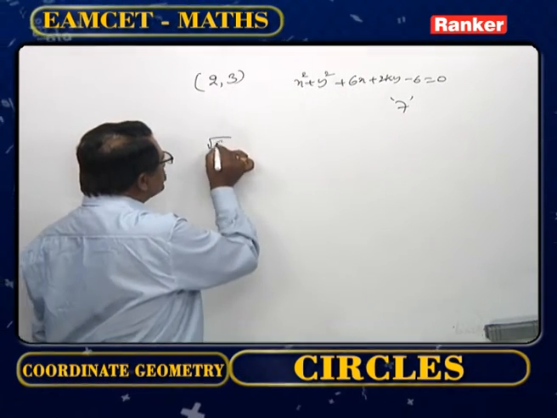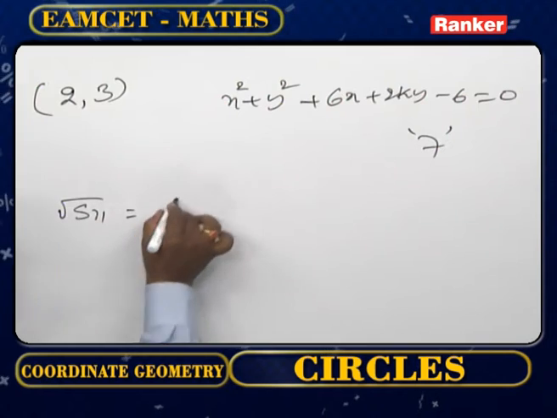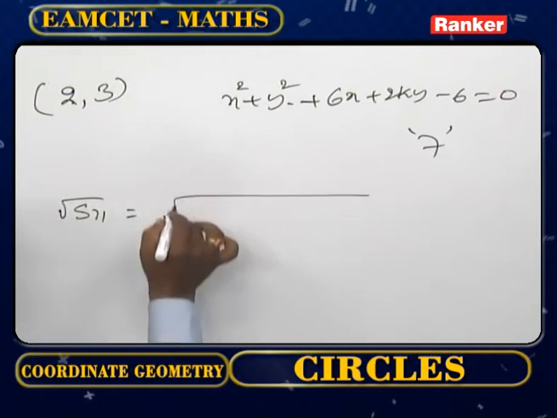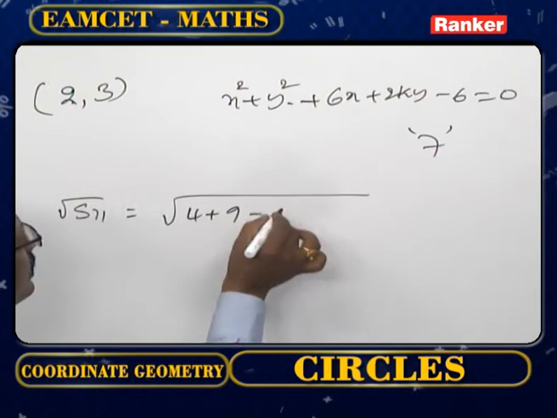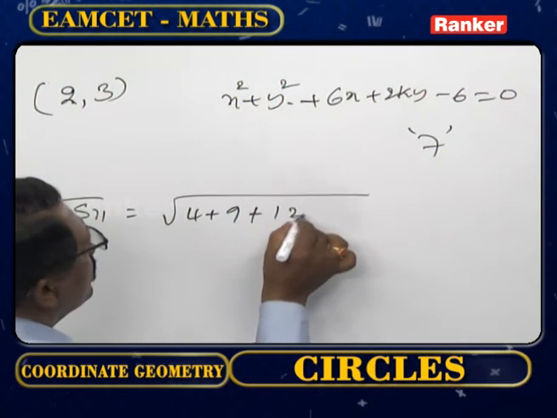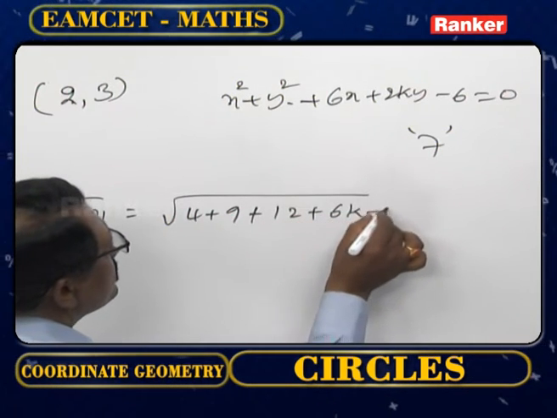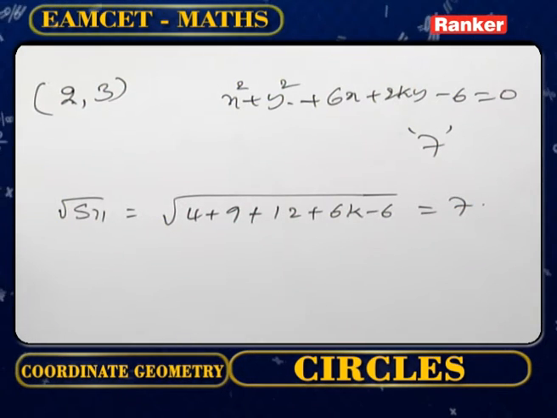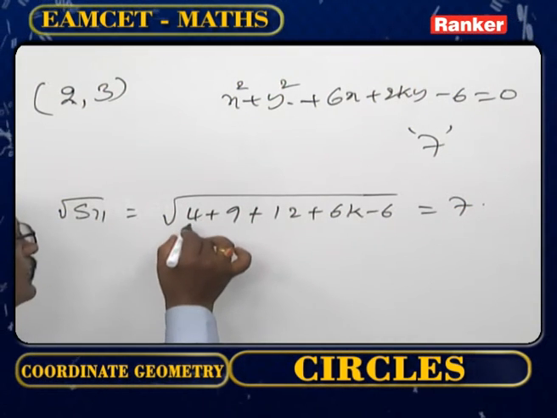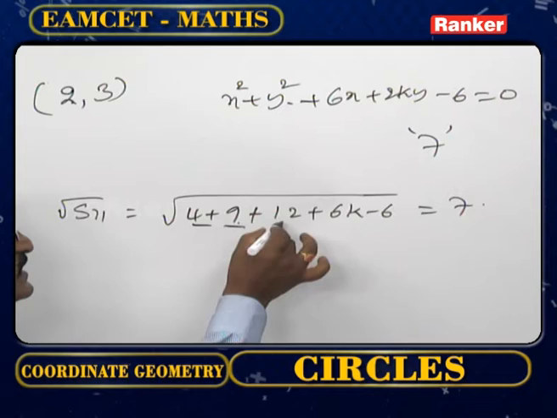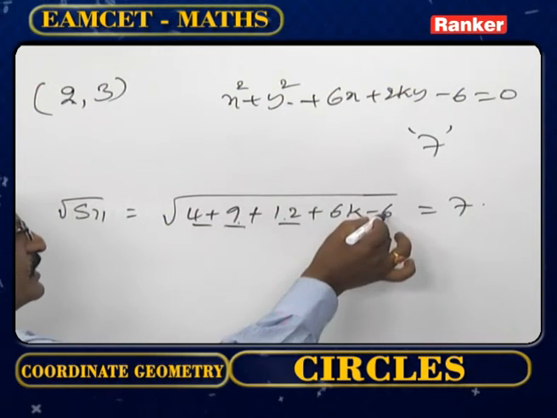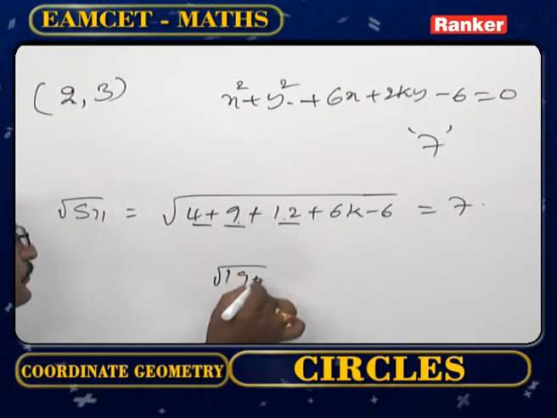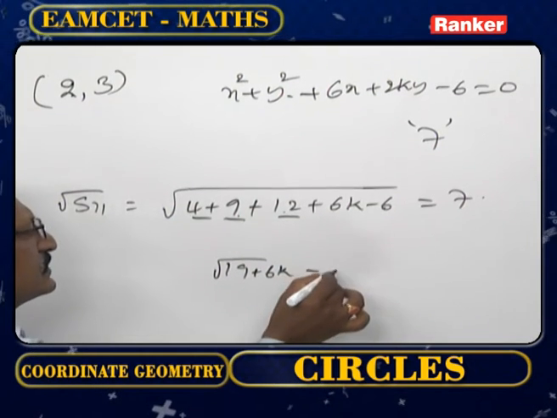The length of the tangent equals root of S11, that equals the square root of the equation with the point 2, 3 substituted: 4 plus 9 plus 12 plus 6k minus 6, and that equals 7. Now 4 plus 9 is 13, plus 12 is 25, minus 6 is 19, so root of 19 plus 6k equals 7.